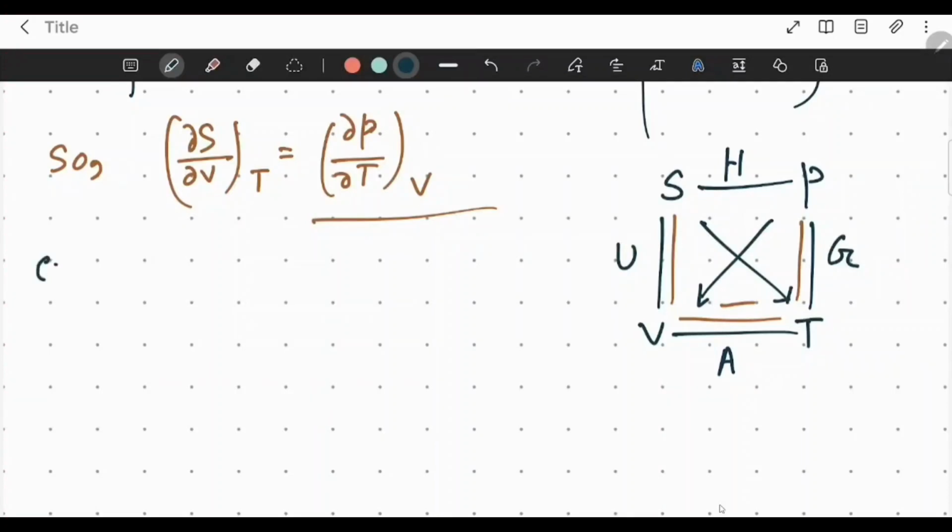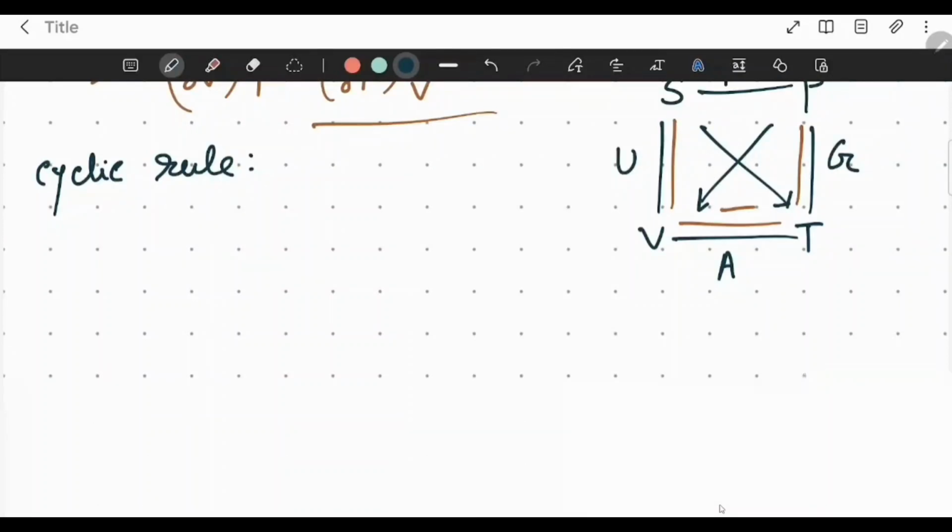But we have to identify del P del T at V. So now we have to use the cyclic rule. What is the cyclic rule eventually?